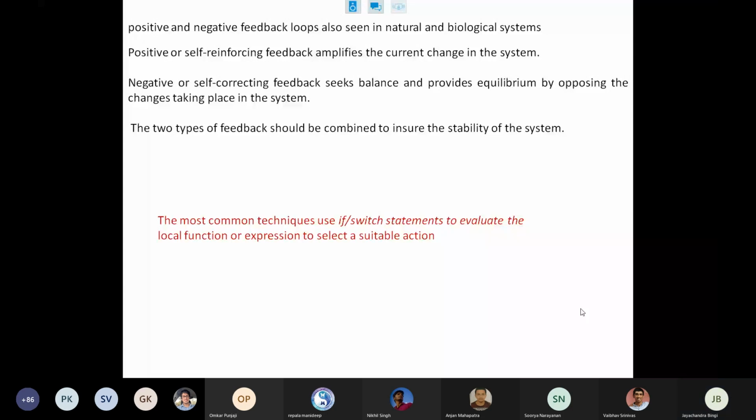That means if some information is exchanged, then that information triggers the system to stop the change, to oppose the change. That means the system will try to bring it back to the equilibrium. Okay. Now tell me, you must have got a fever. You took a medicine.